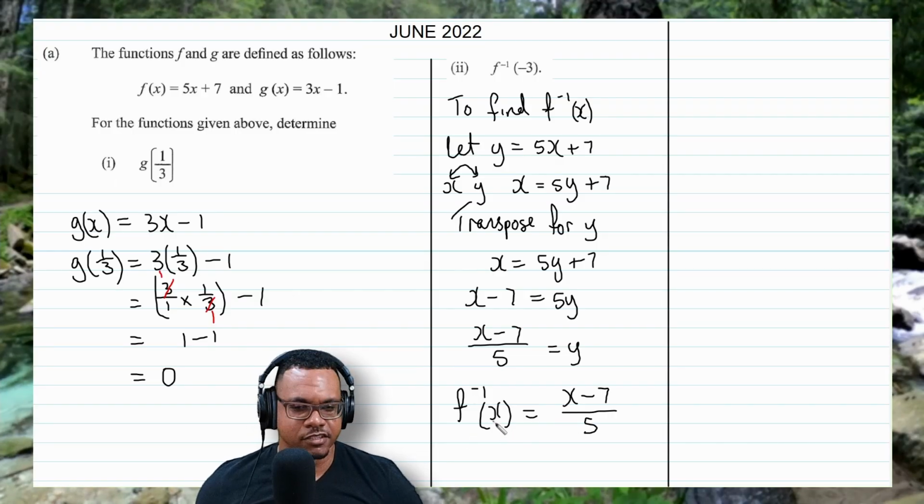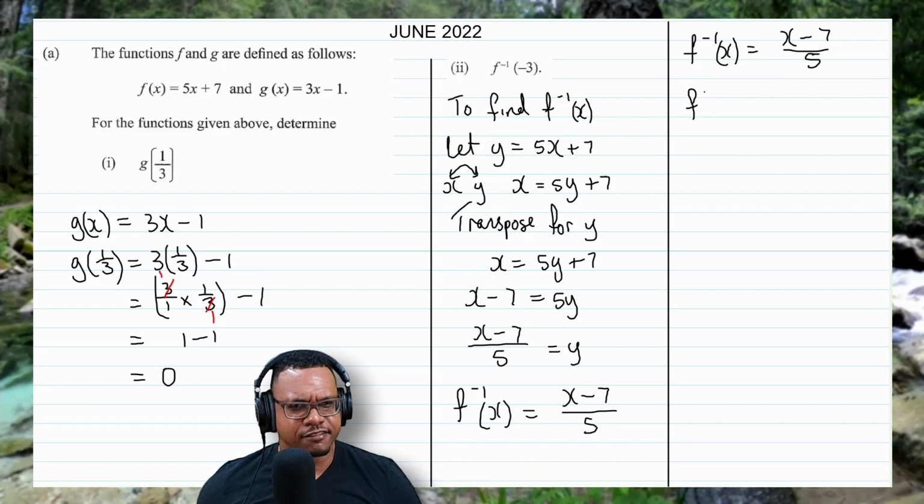So now that we have the inverse function for f, we could find out what is f inverse negative 3 by simply replacing the x's with negative 3. So let's write it over on the top here. f inverse x is equal to x take away 7 over 5.